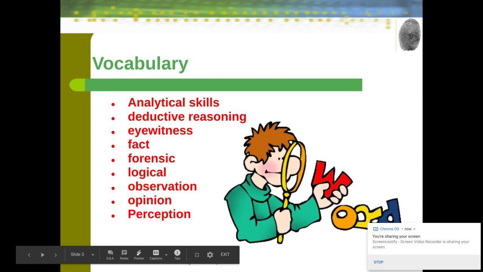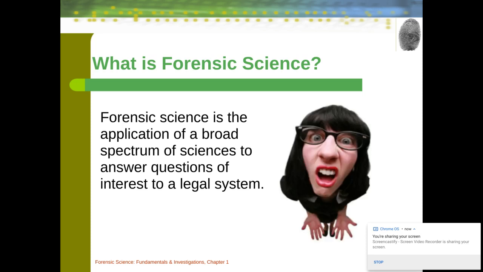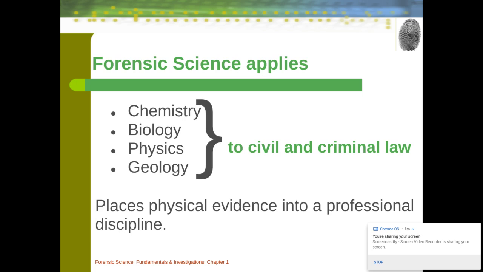Okay, so here's all the vocab you should already have written in your notes, so I'm not going to spend time worrying about that. What is forensic science? So basically, forensic science is taking evidence and facts that have to do with criminal cases or civil cases and applying it to the legal system.